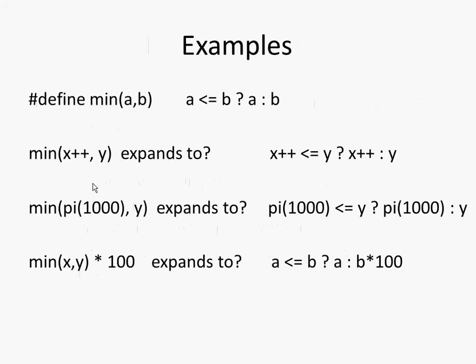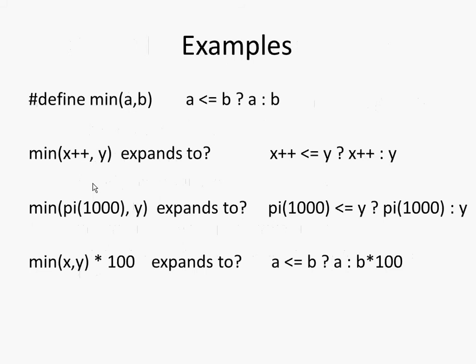Great. So we have this expression there. Now if I have min of x plus plus and y, what does it expand to? Well, it expands to something like above. It's just a textual expansion, just substituting in the appropriate way.